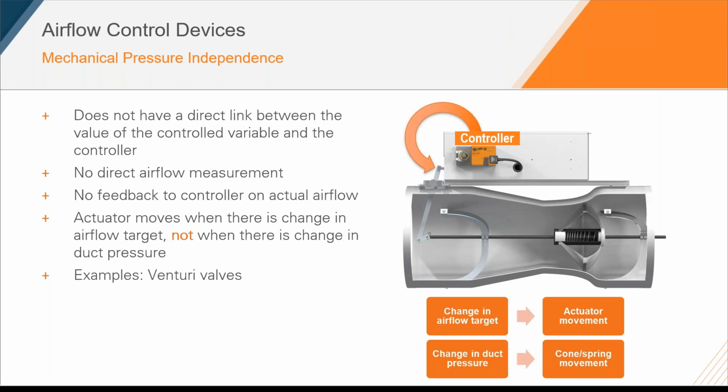The second mechanical operation we have is the controller, actuator, and that lever arm. Whenever the airflow set point has to change, we would expect the actuator to adjust the position of the lever arm, which will then allow us to change the airflow set point. We'll talk about that again in a few slides.